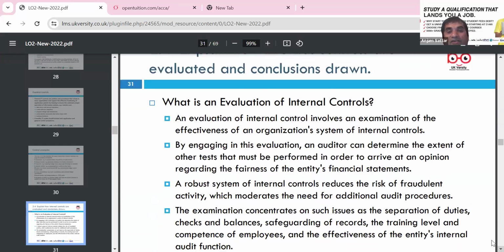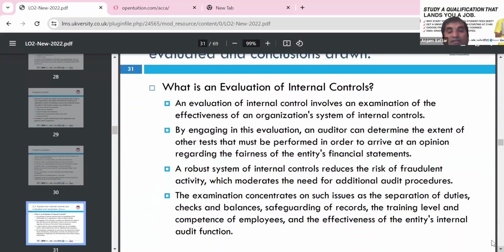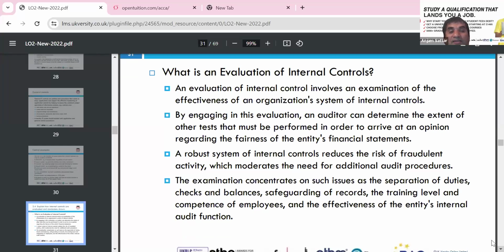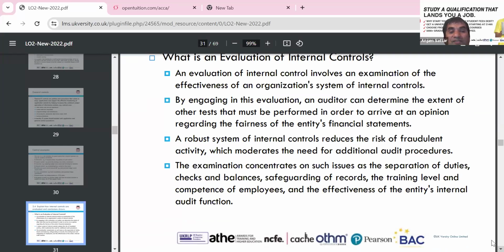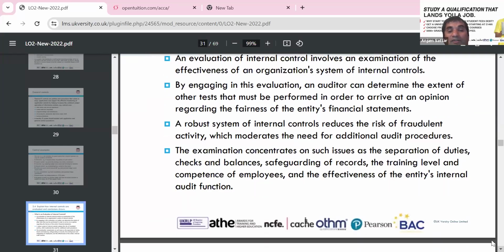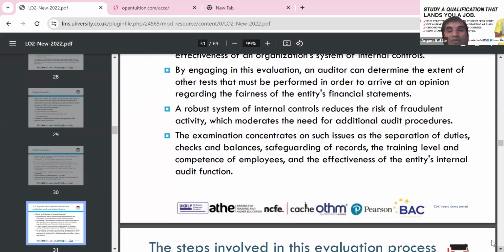Yes, and we can draw the conclusion by evaluating the details to determine the extent of other tests. A robust system of internal control reduces the risk. Because of one bad news story in the media, if we have a policy of overbooking, like United Airlines, they overbooked the flight, and they expected 5% to 6% of people to cancel.